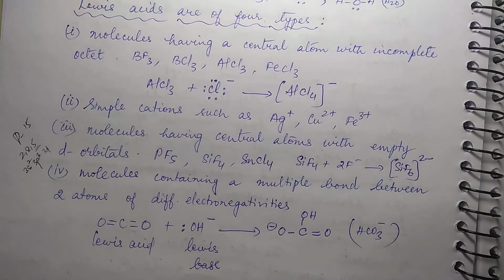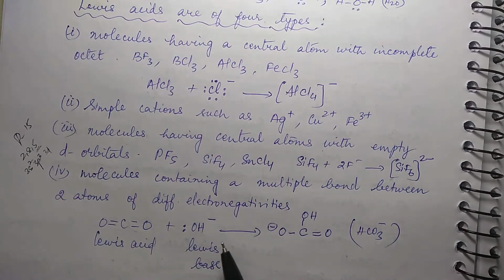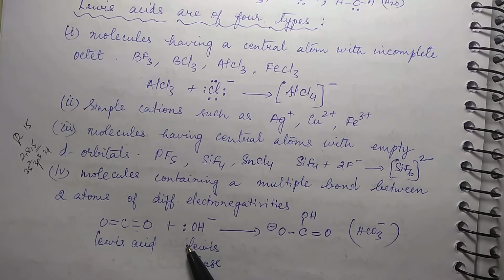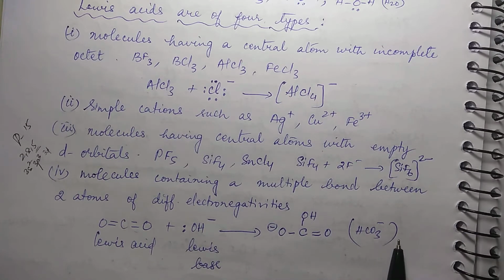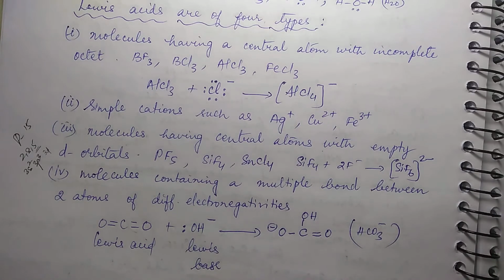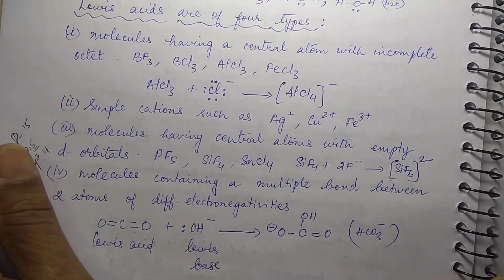It may be triple also. They also act as Lewis acids. Now this CO2 will accept an electron pair from OH minus to become bicarbonate ion, HCO3 minus. Right? So these are all Lewis acids. Four types of Lewis acids.